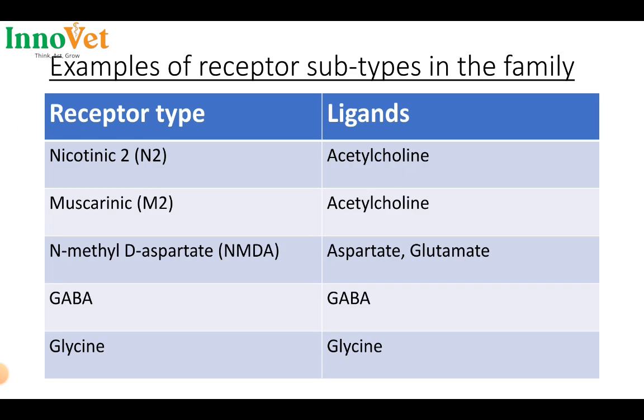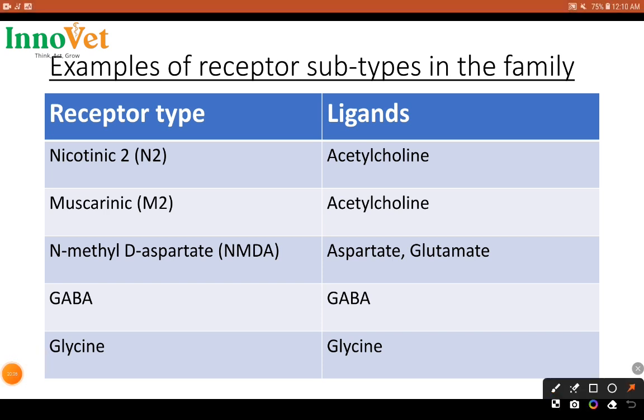So examples of receptor subtypes under this family also, the ligand-gated ion channel receptors. We have the nicotinic 2 receptor, where acetylcholine is going to act like we saw. We have the muscarinic 2 receptors in the heart, where still acetylcholine is going to act.